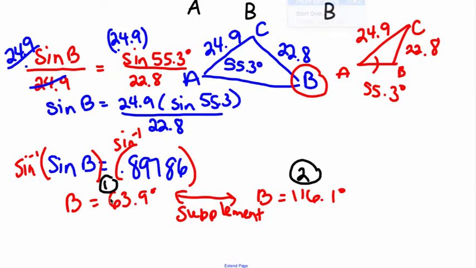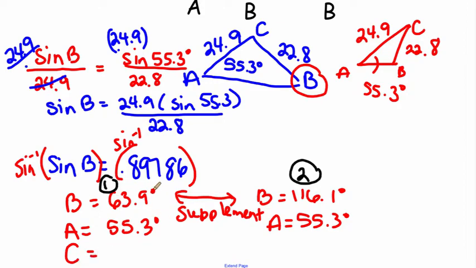Now we do need to remember that A is given, and since A is given, it's not going to change in either triangle. Angle C, however, we can calculate by adding these two angles up and subtracting them from 180.